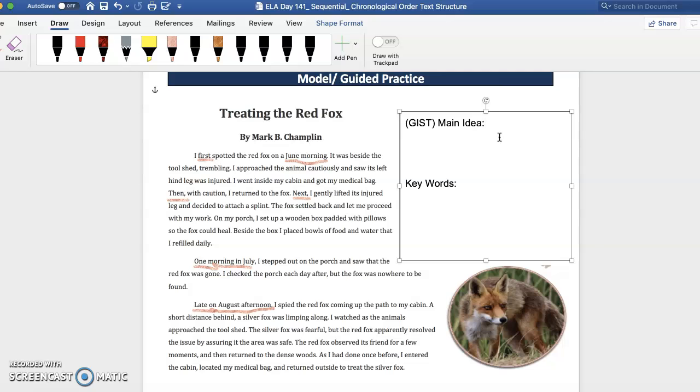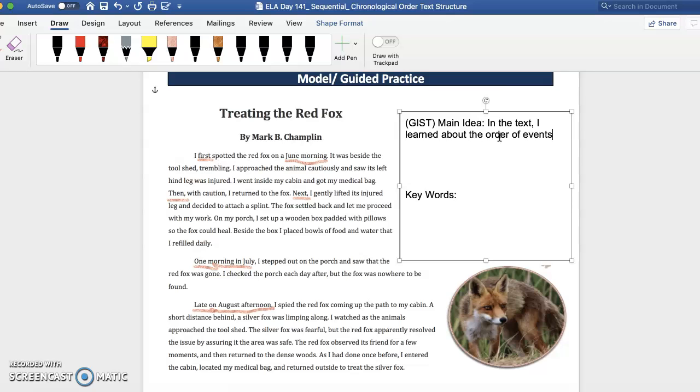So it seems like in the text, I learned about the order of events.